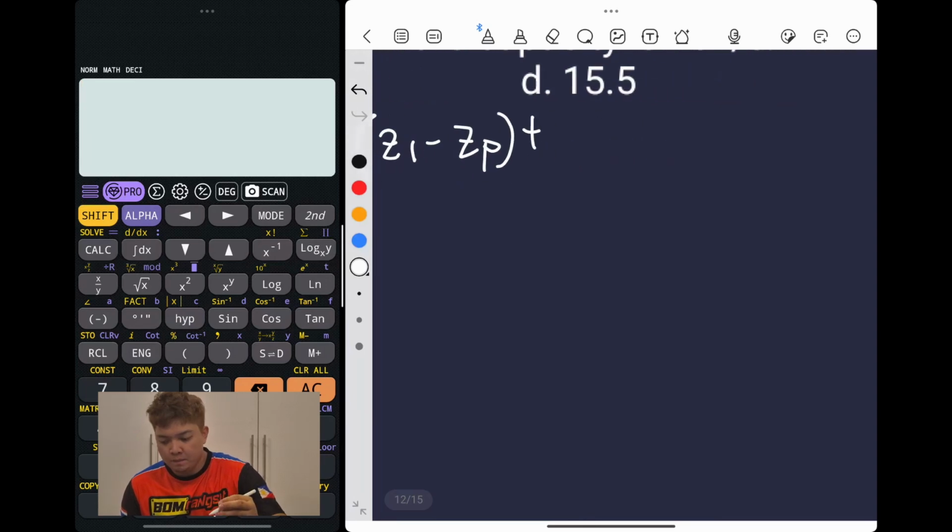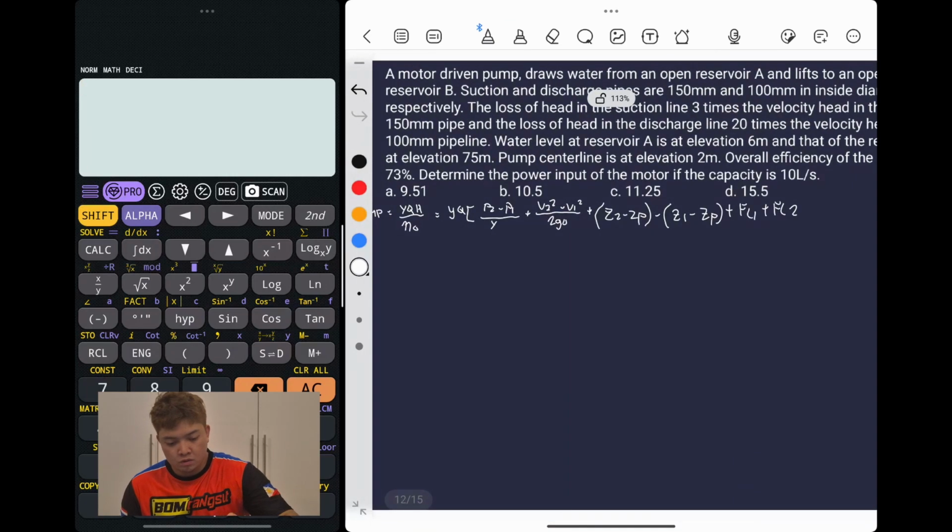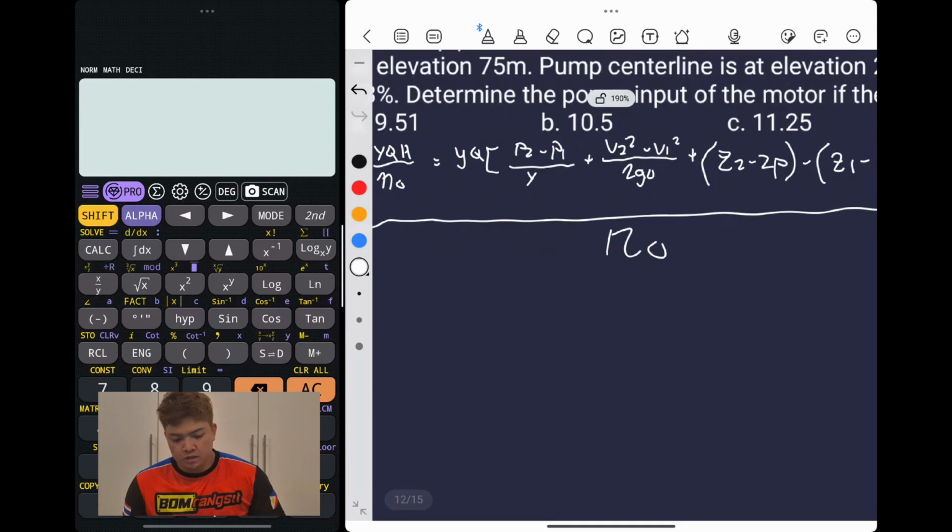Yun na sa formula plus friction loss FL1 plus FL2 all over efficiency.